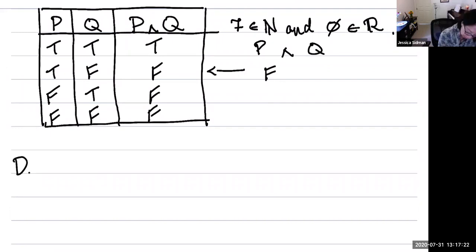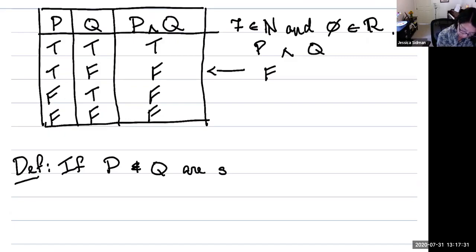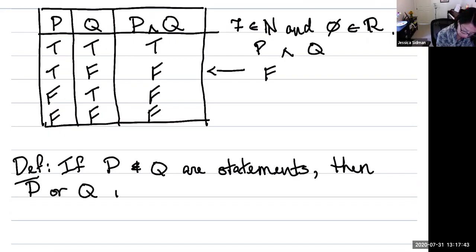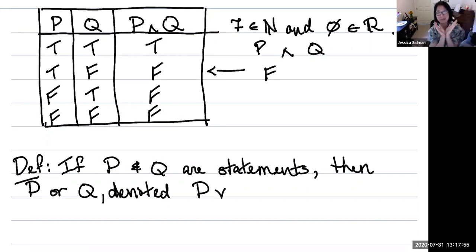Okay, so let's look at another way of making compound statements. Here's another definition. If P and Q are statements, then P or Q, denoted P, and here I turn that wedge upside down and make a little V, denoted P or Q, is true when, and here let me summarize it with the truth table right away.